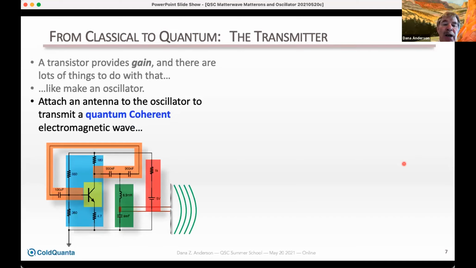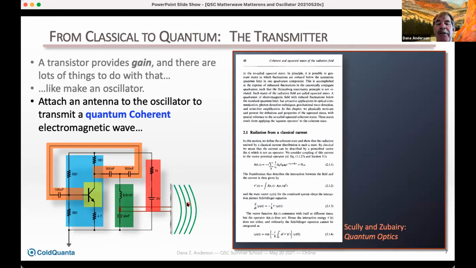So what I've drawn here is a very classic transistor oscillator. And what we know about an electronic oscillator is if we appropriately hook an antenna to it, which I've shown to the right here, to couple the oscillator circuit to the electromagnetic vacuum, it will emit an electromagnetic wave. And what makes one think twice, and sometimes why we decide to call the current quantum era quantum 2.0, what's rather fascinating is that this quantum state of an electromagnetic field that is a coherent state, excited by connecting an antenna to an oscillator, is the fact that the current in the oscillator is classical.